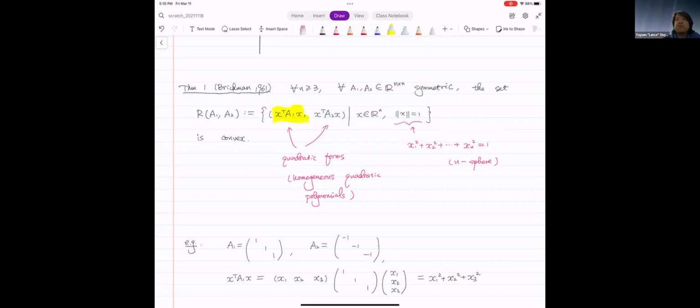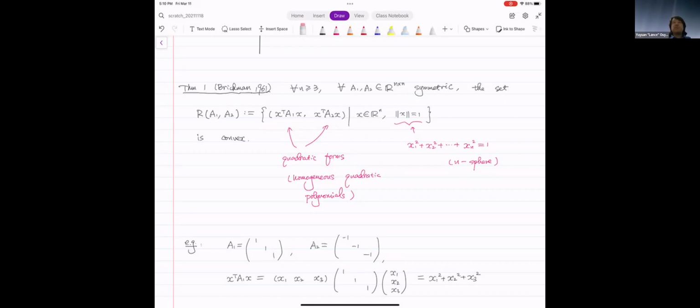This is just linear algebra notation. If you are familiar with algebra, an alternative way is just treating those as polynomials. So essentially, this is just going to be a homogeneous polynomial of n variables, and that's it. So Brickman's theorem is going to be this statement.